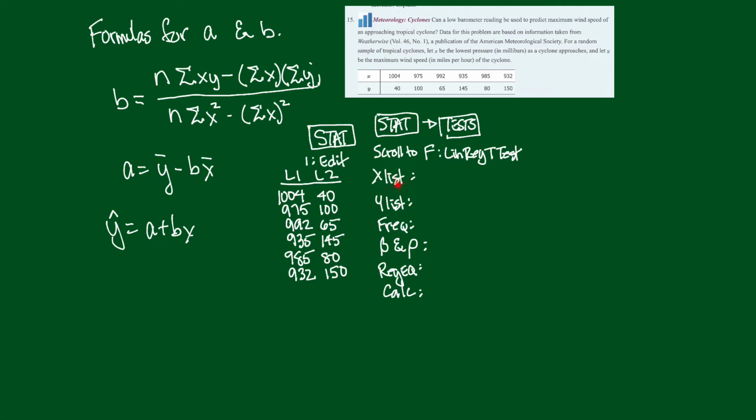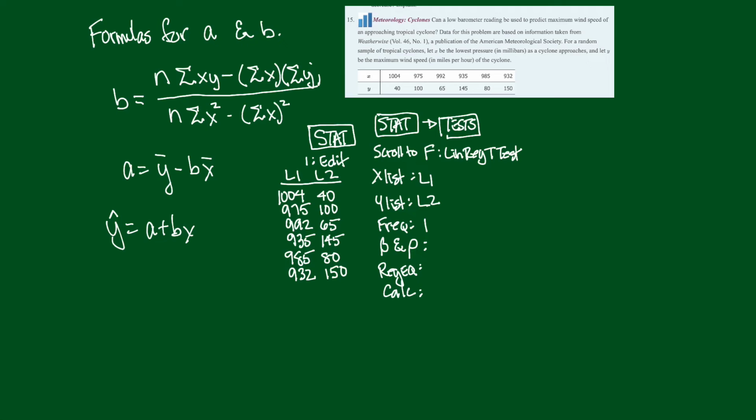Our X list is the explanatory variable. We're going to put in L1, so you press second and the number 1, the regular number key 1. Press enter. Then it wants to know the Y list. Well, that's our response variable, coming from list 2. So press second and the number 2. Now frequency, just 1. Every one of those numbers appears just once.